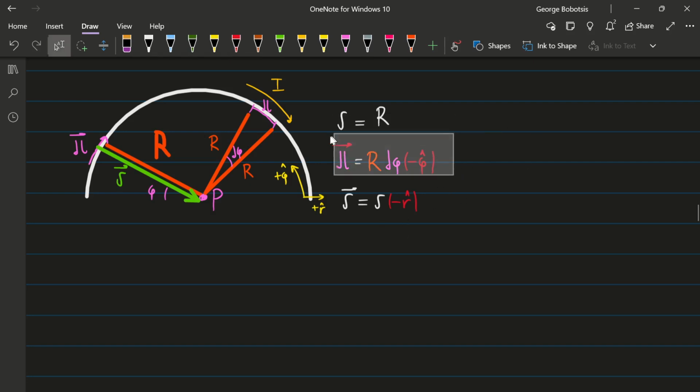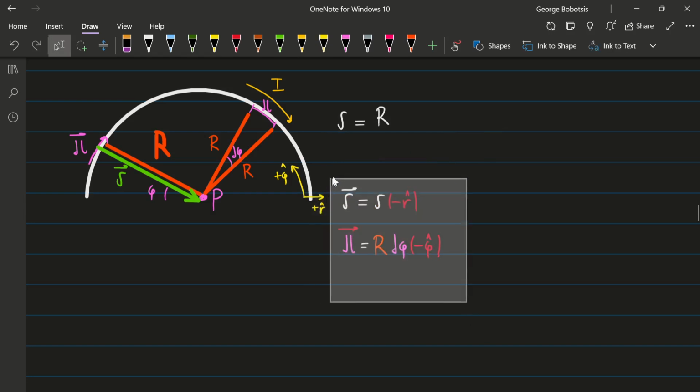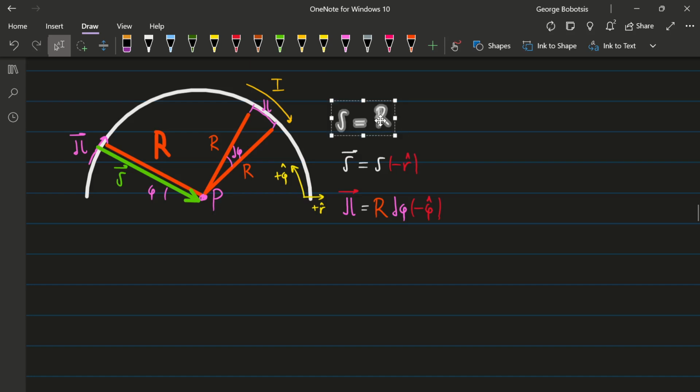I want you to notice again that we already know what the size of this is. So it's very easy to just get the r vector out of the way. This is just capital R and then negative r hat. Easy.